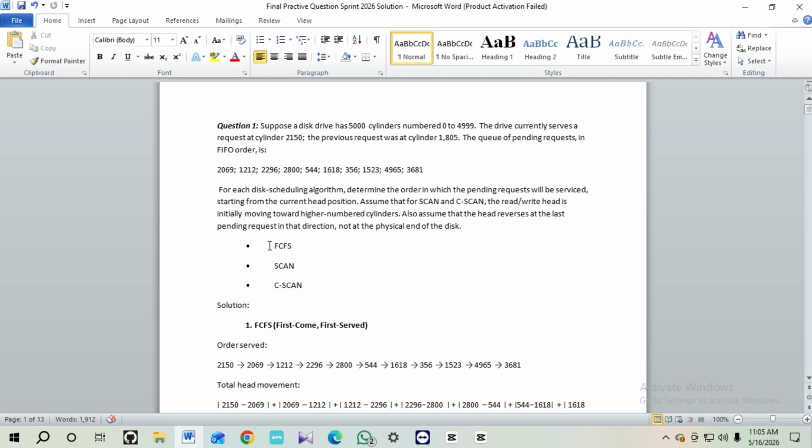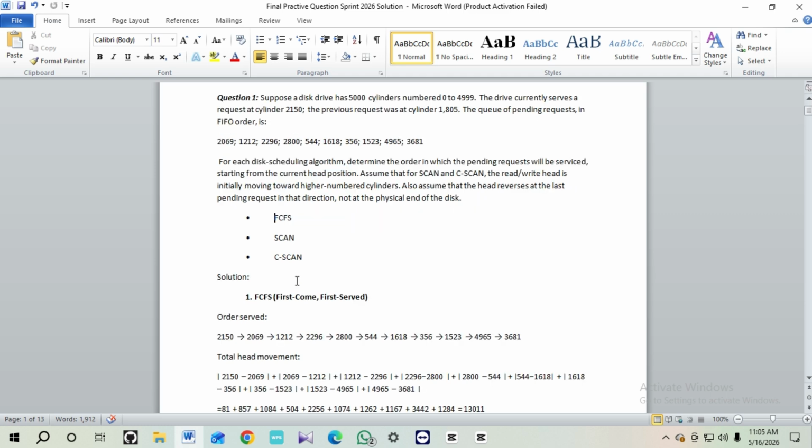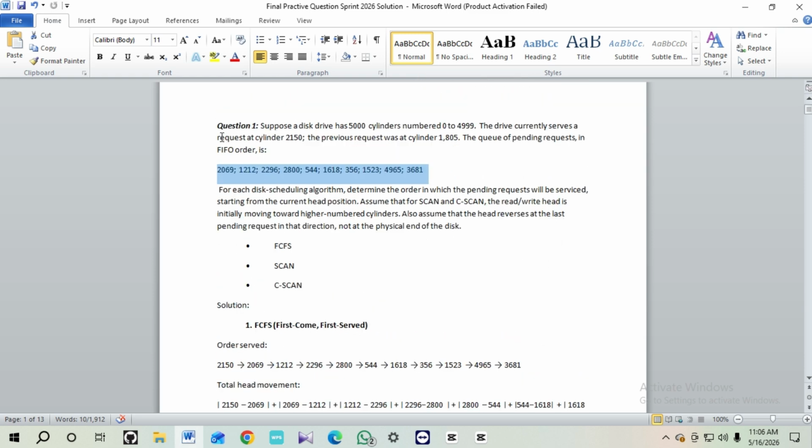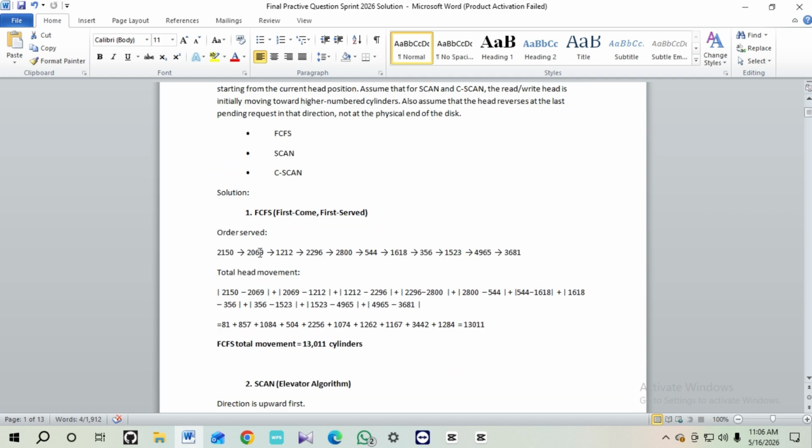So we have three types: FCFS, SCAN, and C-SCAN. In the solution we start with first come first serve. In that sequence we see who comes first, served first, and our cylinder head is at position 2150.